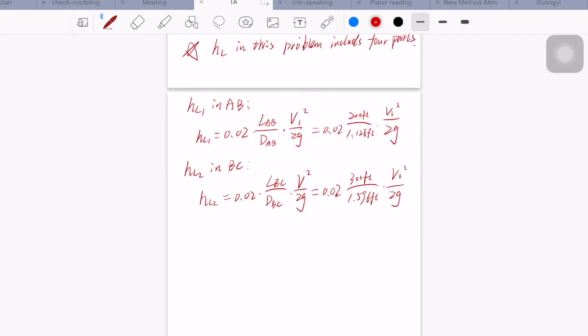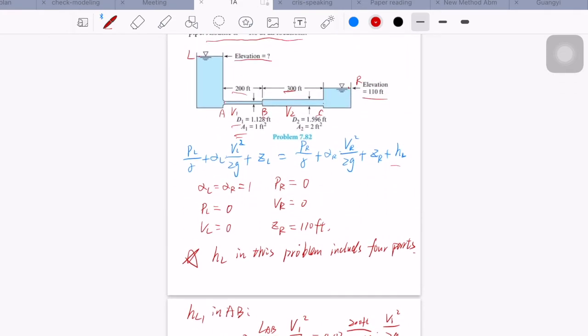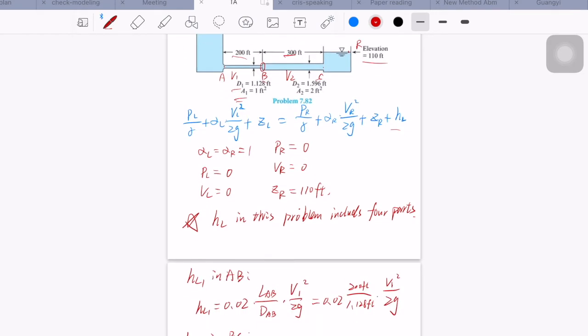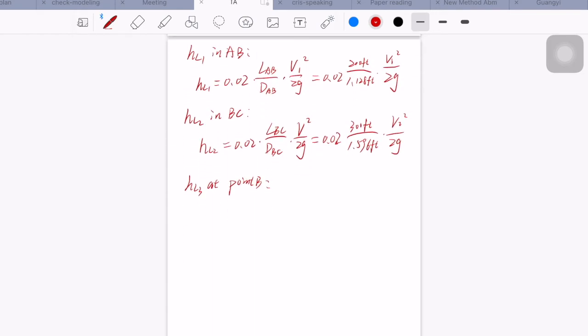And the third head loss, HL3, is at point B. From the figure, we can see that there is an abrupt expansion at B. So the head loss caused by this abrupt expansion, HL3, should be equal to V1 minus V2 square over 2g.